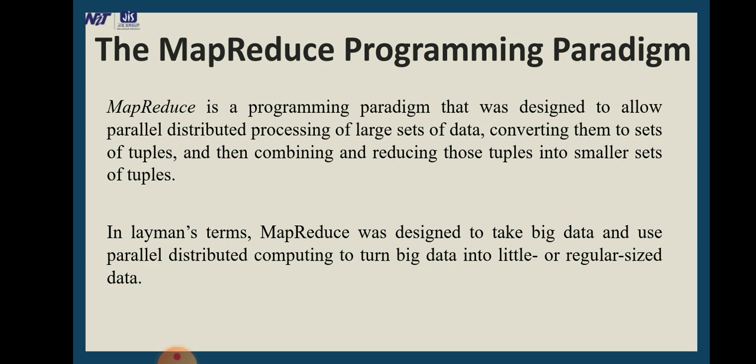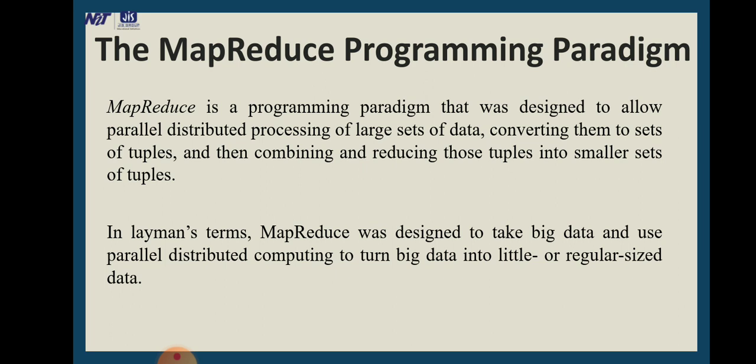Since cloud computing works with a voluminous amount of data, the MapReduce paradigm is helpful when compared with Hadoop. In layman's terms, MapReduce was designed to take big data and use parallel distributed computing to turn big data into little or regular sized data.